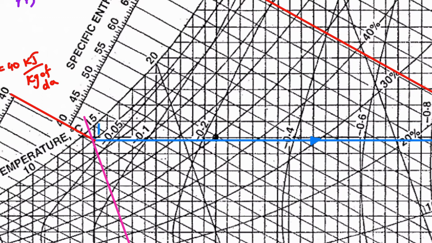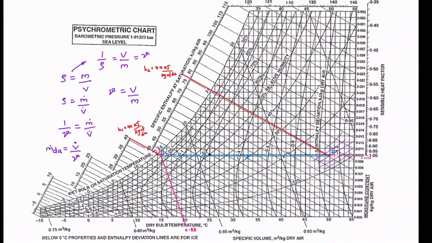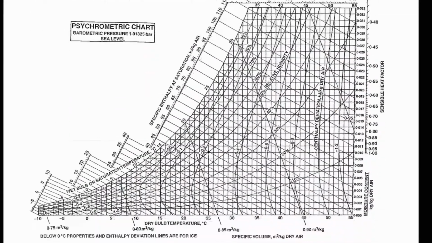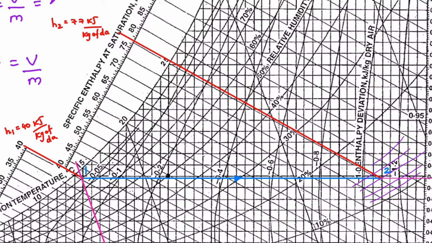Okay, now we'll read the value of wet bulb temperature. This is 10, 11, 12, 13, 14 and 15. So this is approximately 14.1 degrees Celsius. So that is about TW1. Okay, now we'll see TW2. We have already drawn the enthalpy line over here.